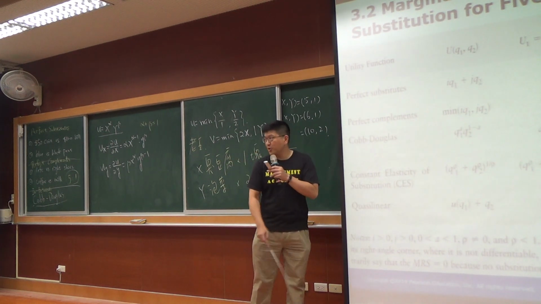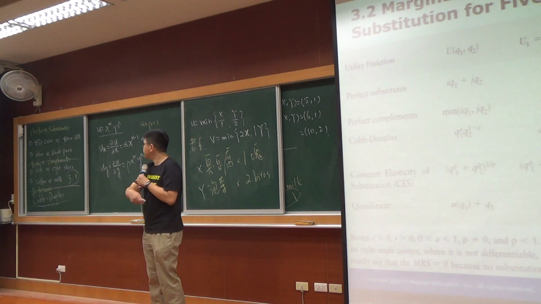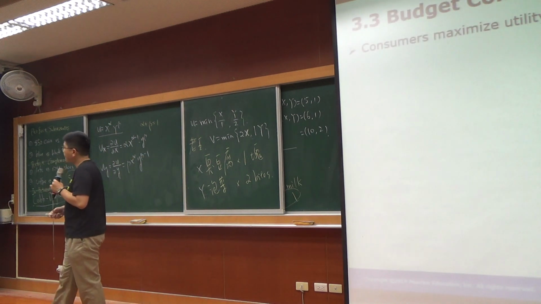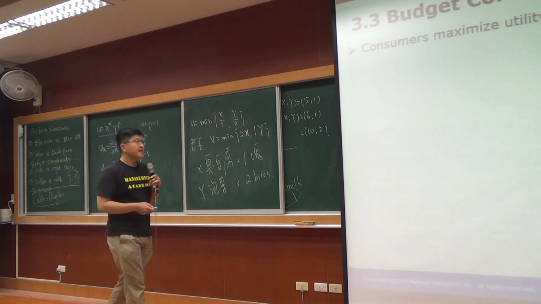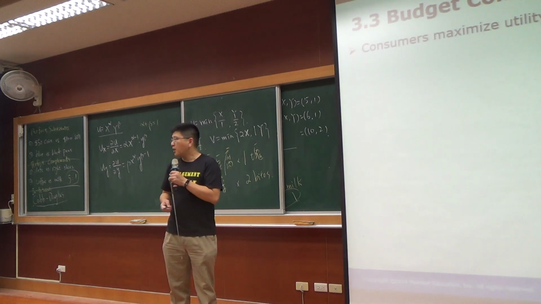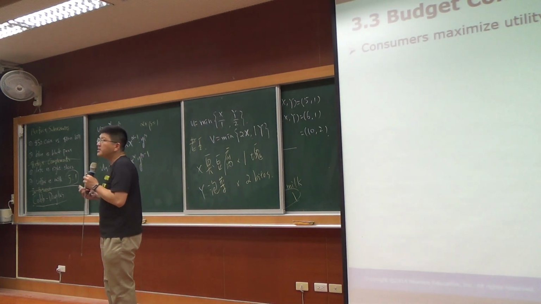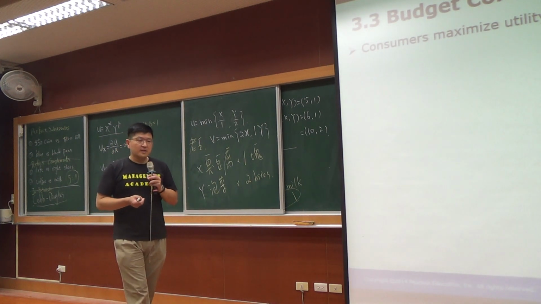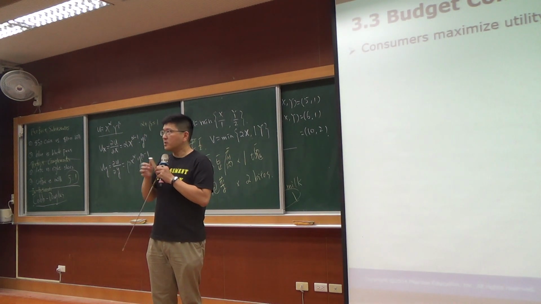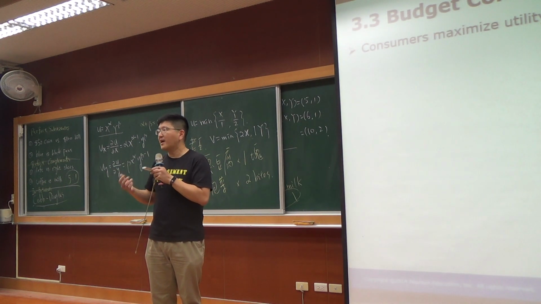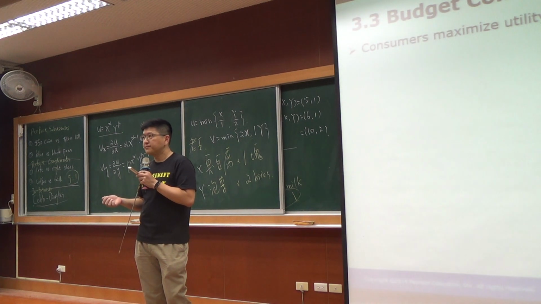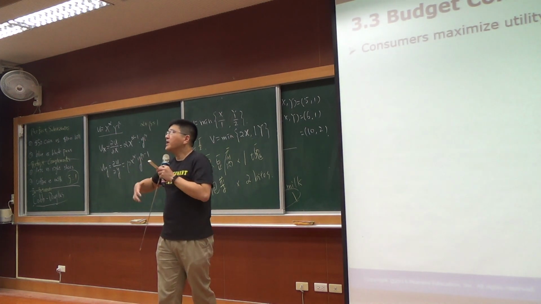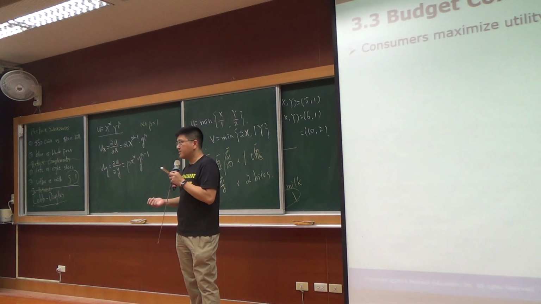Okay, Cobb-Douglas. Now we are introducing the budget constraint. So we want to choose something we like to consume. Okay? We have our preferences.